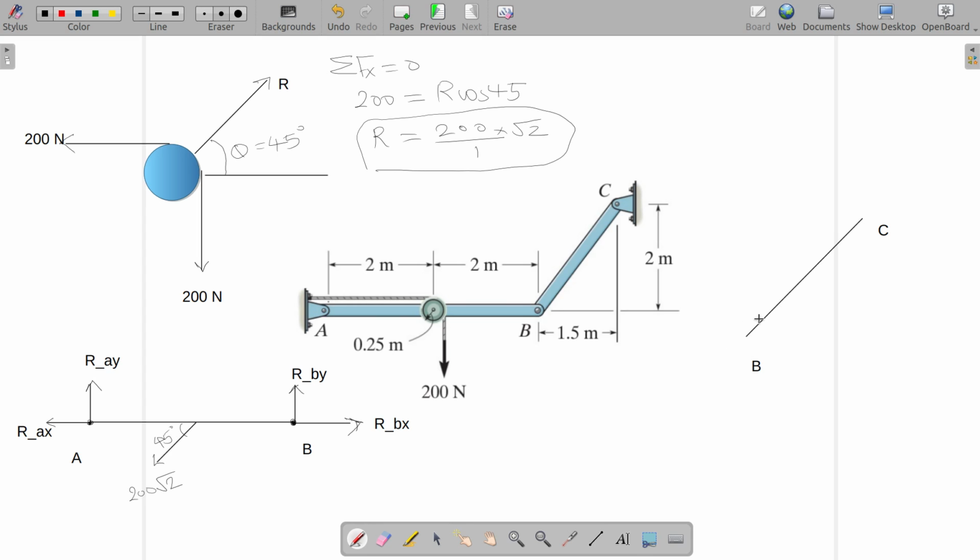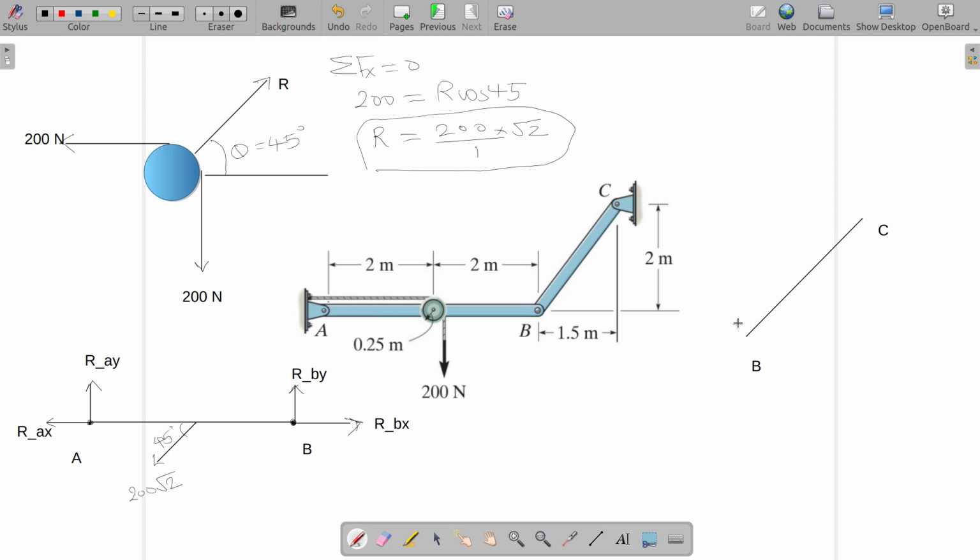Now BC is an interesting case. There are no moments on BC and there are no forces within BC. So this basically acts like a truss member.